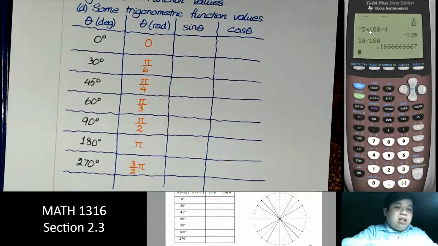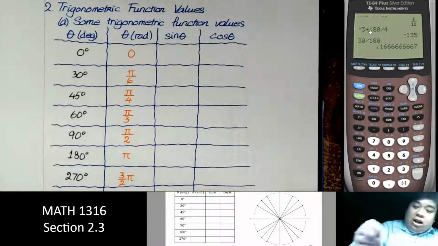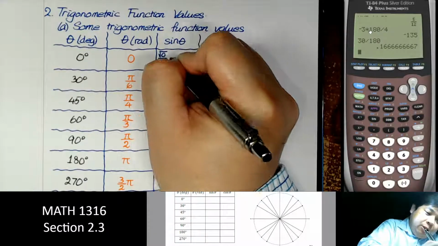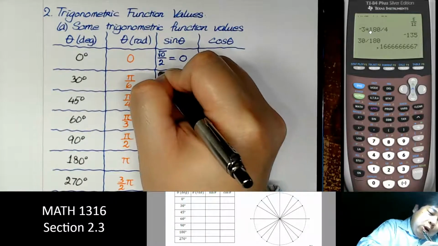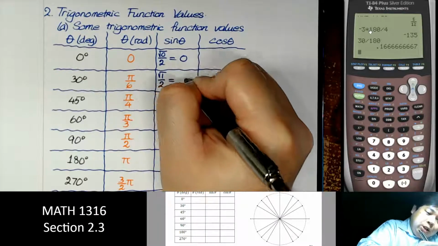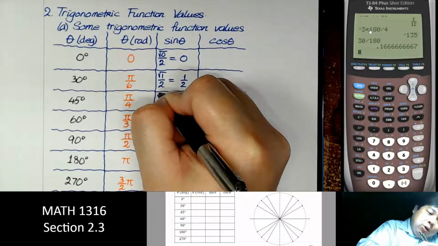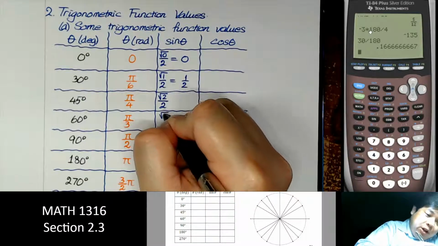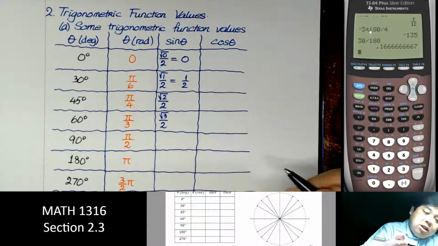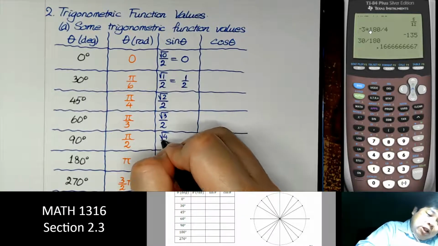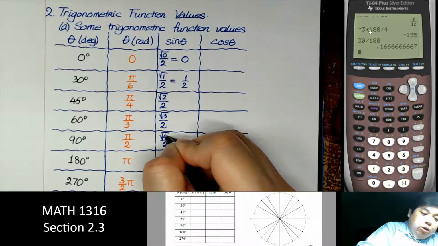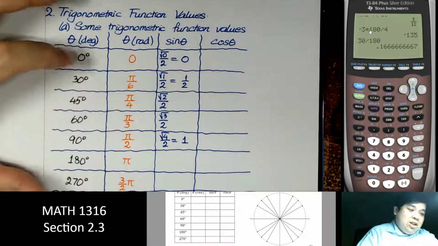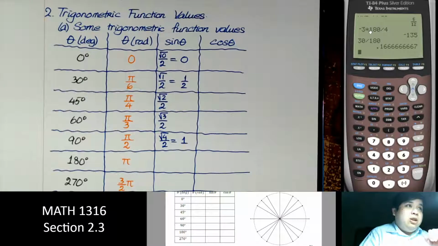The way we memorize this, or I memorized it back in the day, was square root of 0 over 2, which is 0, square root of 1 over 2, which is 1/2, square root of 2 over 2, which is just that, square root of 3 over 2, just that, square root of 4 over 2, 2 over 2 is 1. So the way we memorize 0, 30, 45, 60, and 90 degrees.